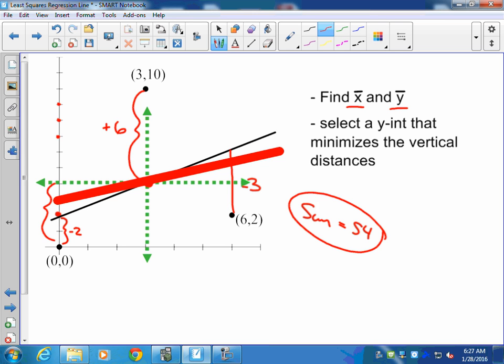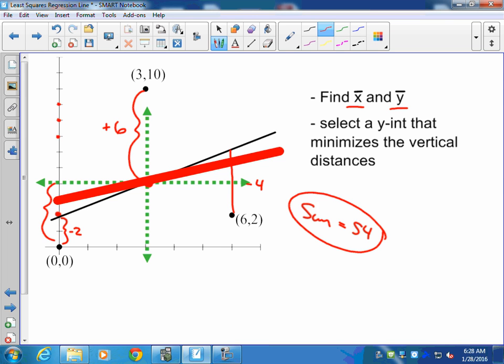If we looked at that other line, my prediction here was just a little bit off. Okay, this would have been a -4. So we've got 16, 4, and 36. Okay, so 16, 4, and 36 gives us a little bit more than 54.